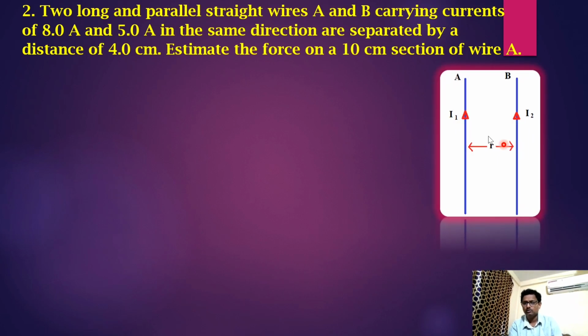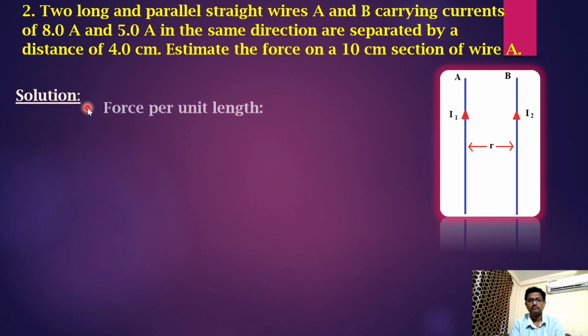Here the currents are I1, 8 ampere, and I2, 5 ampere, separated by a distance r, given as 4 centimeter. We have to calculate the force on a 10 centimeter section of wire A.